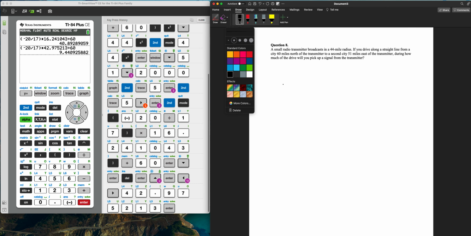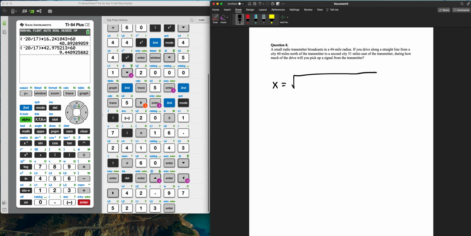So x is going to be equal to the square root of x2 minus x1 quantity squared plus y2 minus y1 quantity squared.